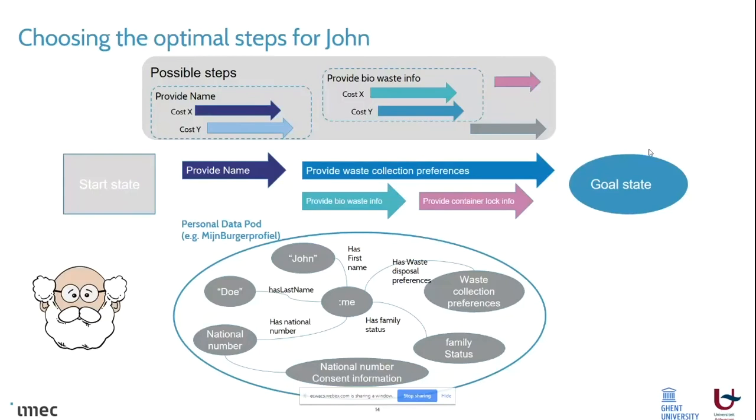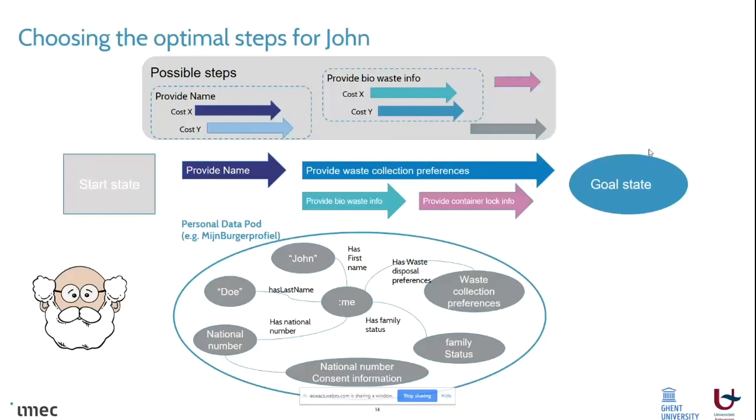And what we are doing then is we apply reasoning, where we're using, for example, languages like N3 to reorder the steps. So we give certain costs, and then the reasoner shows us possible paths with the least costs attached, so the optimal way to reach that goal.